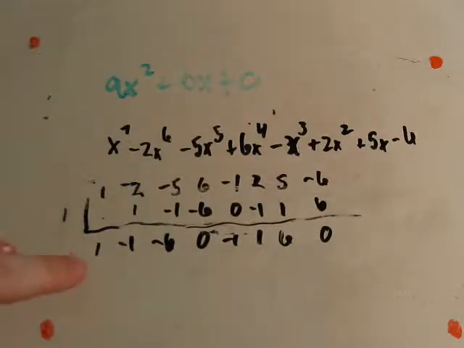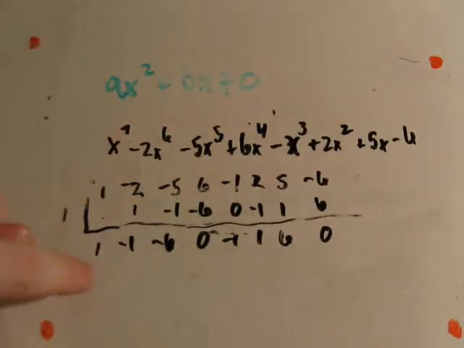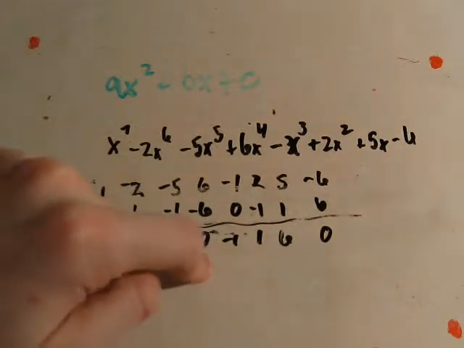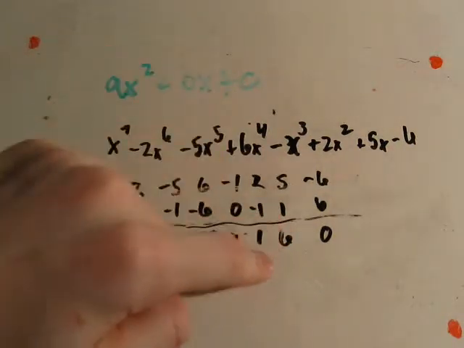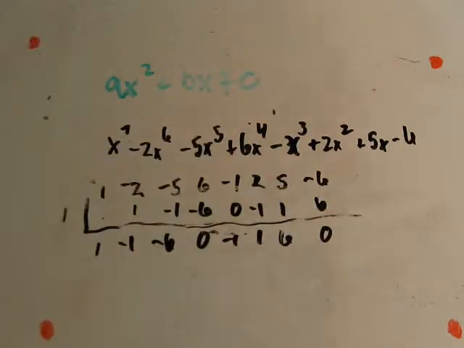Remember, this is going to be x to the 1 less power than your original problem here. Our highest power was x to the 7th. This is going to be x to the 6th, 5th, 4th, 3rd, 2nd, 1st, and then constant, then your remainder.